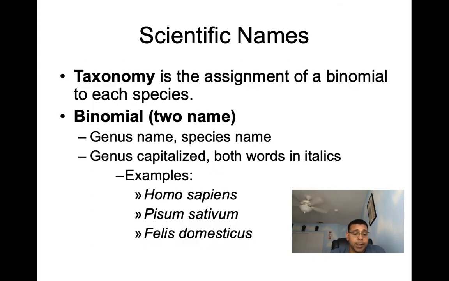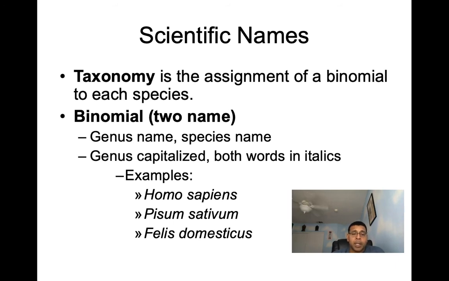Next on, let's move down to scientific names. Let's talk taxonomy. Taxonomy, I want you to know, is a field in systematics that assigns a binomial, or a two-part name, to each species. For example, the scientific name for humans is Homo sapiens.